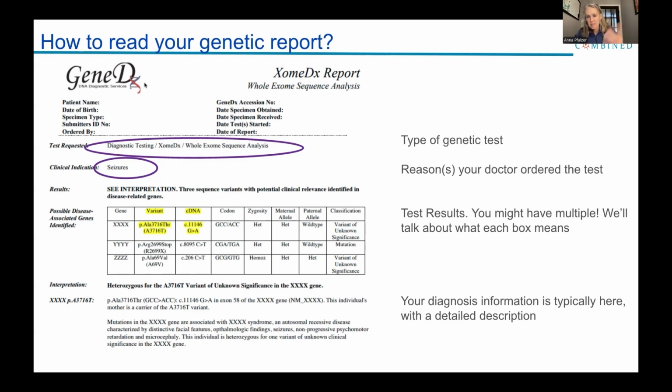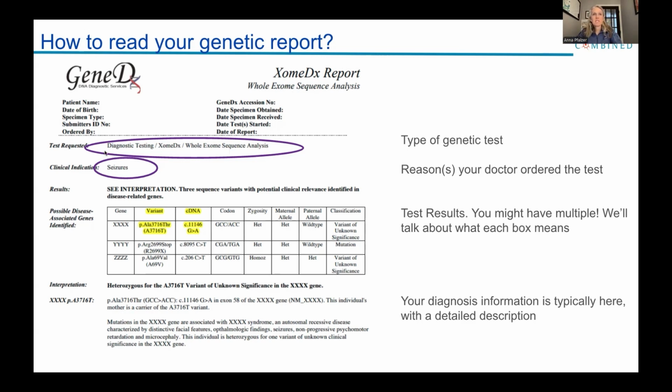Not everybody's is going to be through GeneDx, but the layout for these genetic reports tends to be very similar. So the type of test that was requested: some people want to know whether it was done through whole exome sequencing or whole genome sequencing, or whether it was a specific gene panel just to look for genes associated with epilepsy.